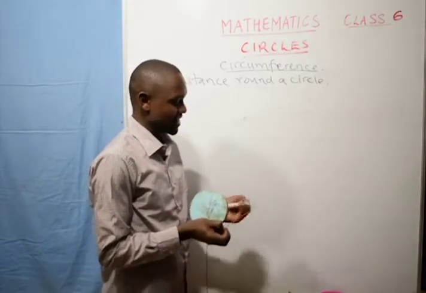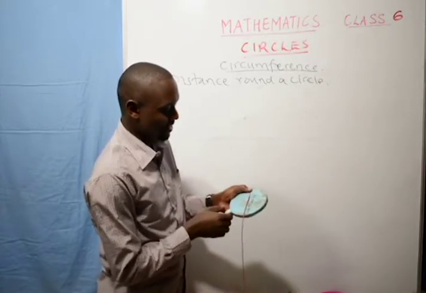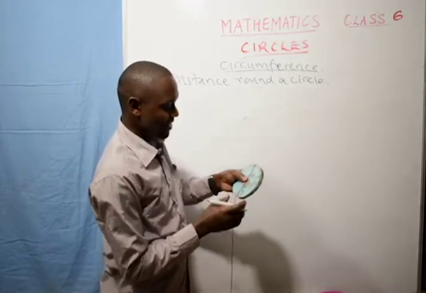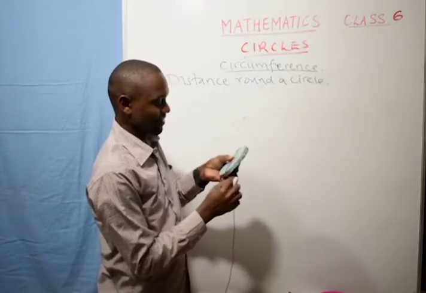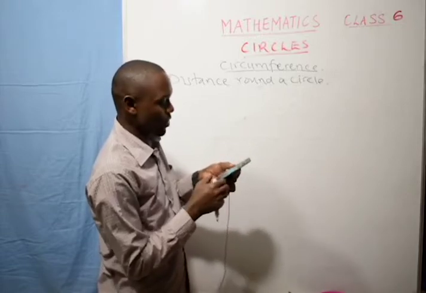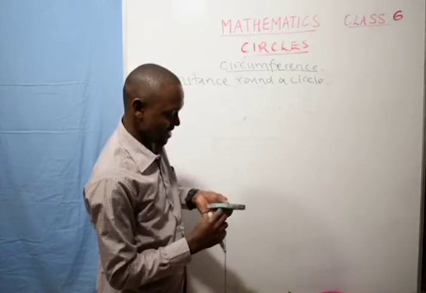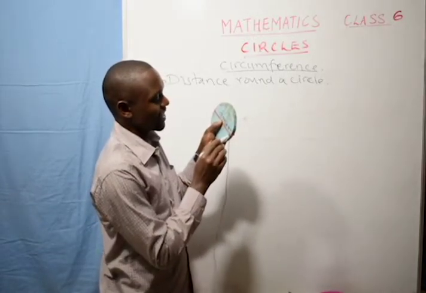I'm holding the diameter of the circle. I can mark using this pen the diameter of this circle. I want to introduce to you something we call the pi.